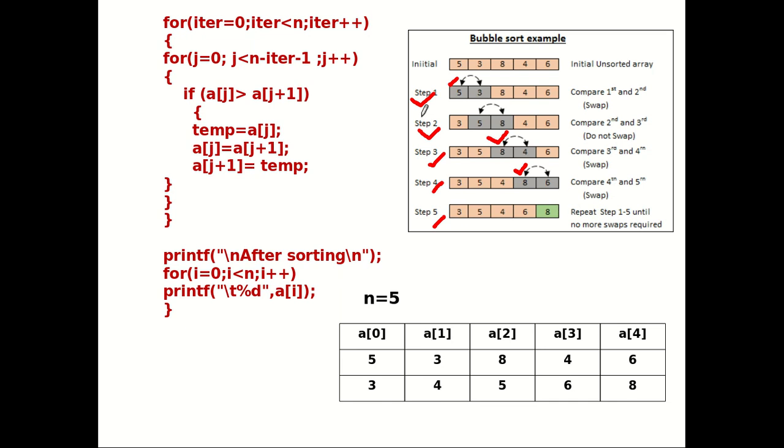This is called one iteration. In each iteration, the numbers will be arranged in the correct order, and the smaller number will bubble to the top. That's why it is called bubble sort. This process will be repeated until no more swapping is required.